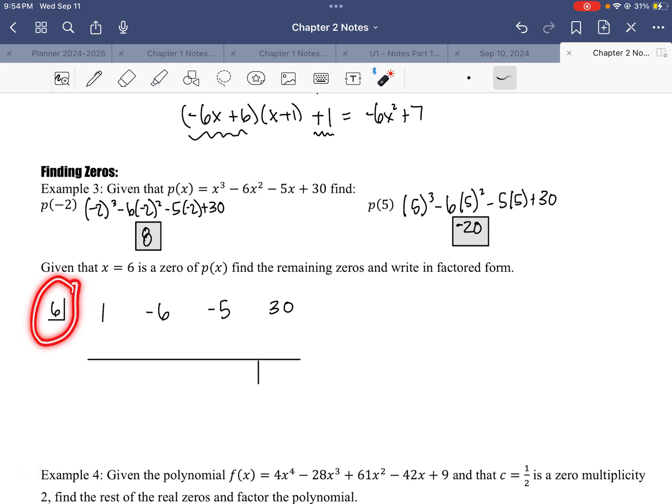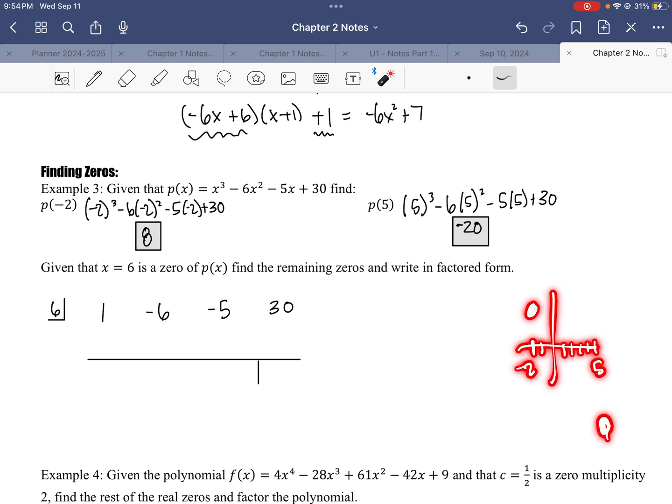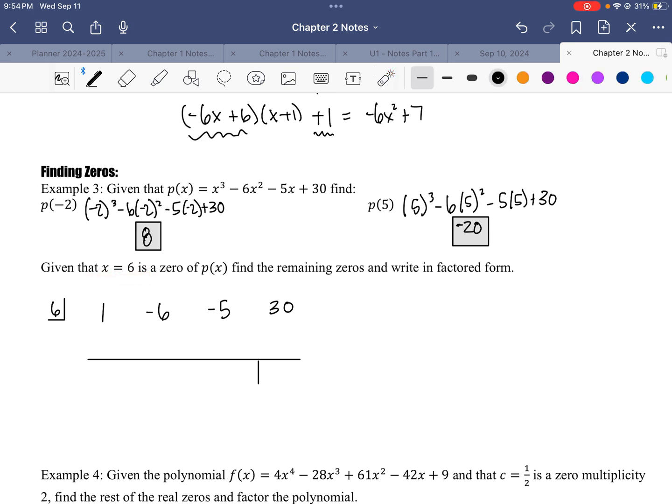We know that 6 is a 0, but again, if we're at -2 here, and 5 here, and we had this up here and this down here, well, 6 is over here. So, yeah, I know it comes back up and crosses here, but I also know that it's got to cross somewhere over here. So that's the one I'm looking for. So again, we know that x equals 6 is a 0, so we stick our 6 in the box, drop our 1, multiply by 6, and put the answer there.